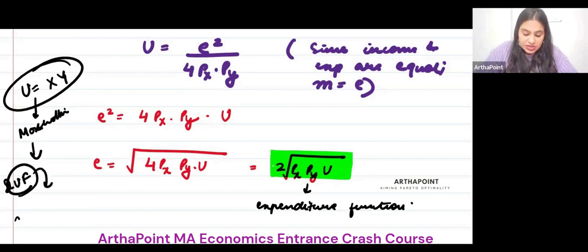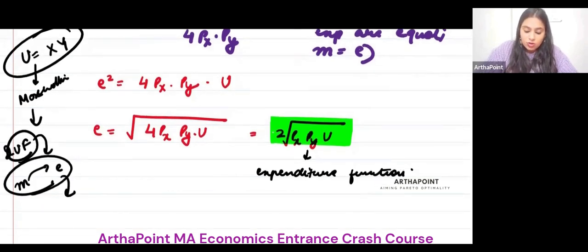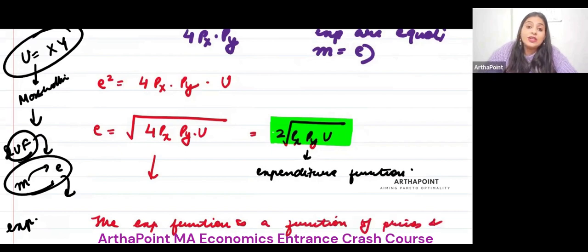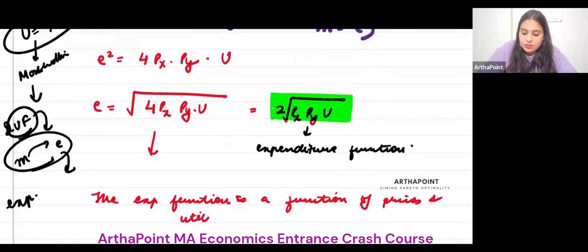Then we replaced M with E. And what we got was called the expenditure function. So we can write that the expenditure function is a function of prices and utility. One last step is left in this. Then that entire analysis is over.